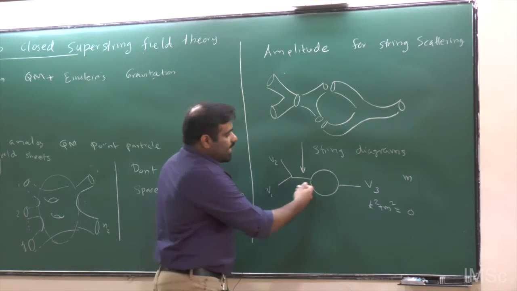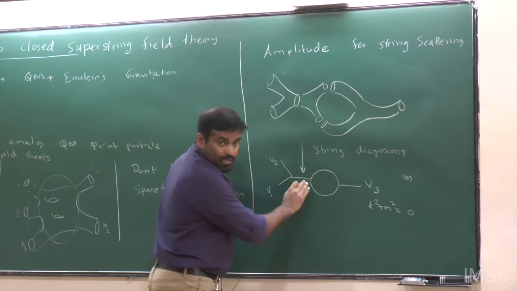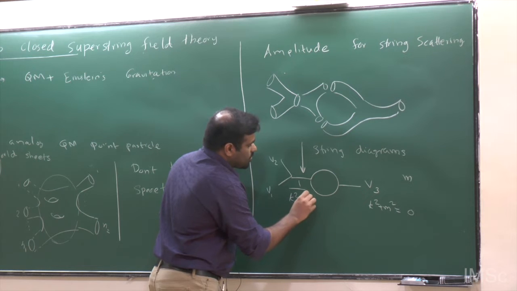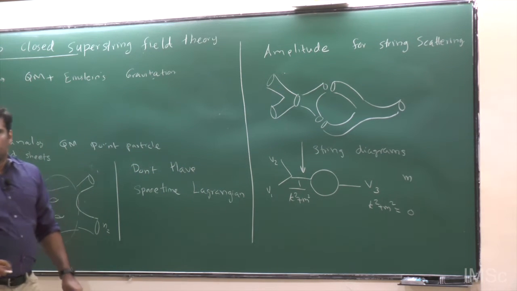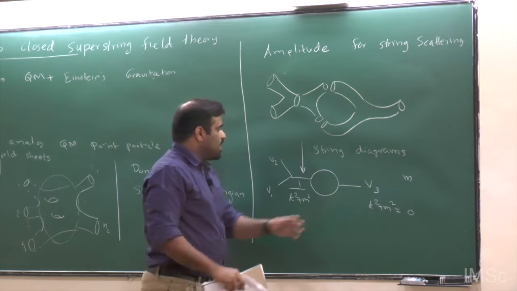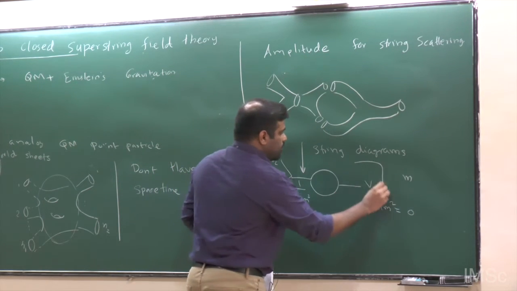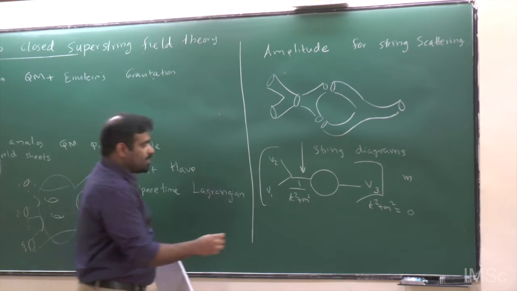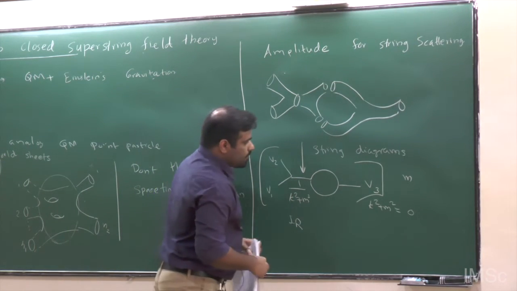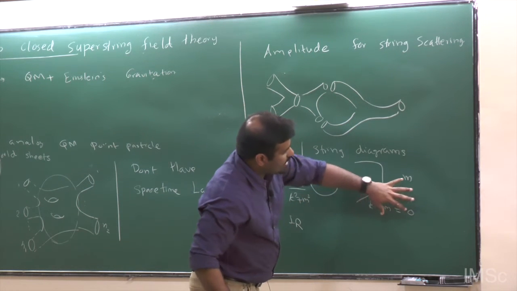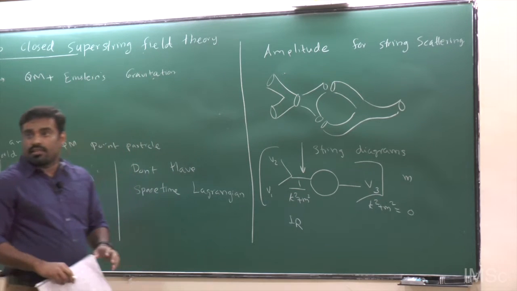So when you compute this diagram, you have a piece here, and that piece comes with a propagator factor 1 by k square plus m square. So when you demand that k square plus m square equal to 0, that's equivalent to saying that the whole amplitude that you computed diverges. So this is the infrared divergence that comes because of the unphysical condition that you demand on the external state.